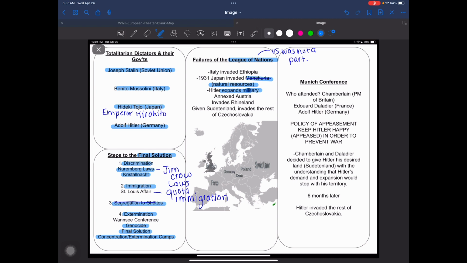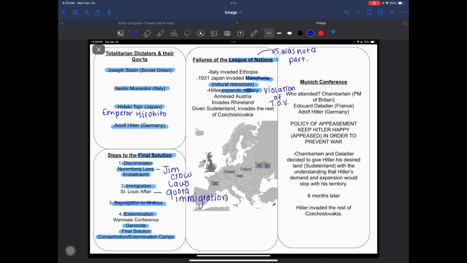Now, the significance with this, and I want you to write it, this is a clear violation of, we're going to shorten it up, the Treaty of Versailles. He is only supposed to have 100,000 troops, and he is going to hold a military draft not long after he is named Chancellor of Germany in about, I think it's 1932.